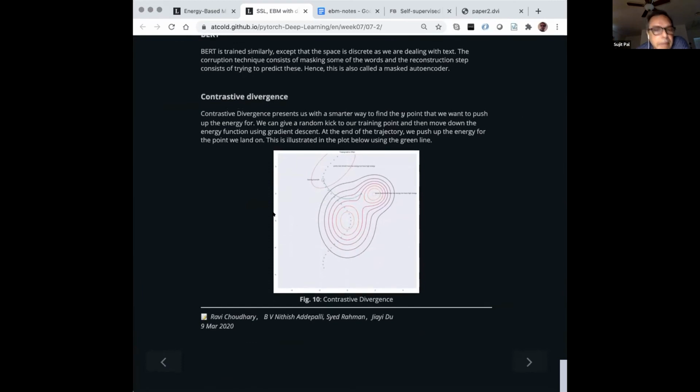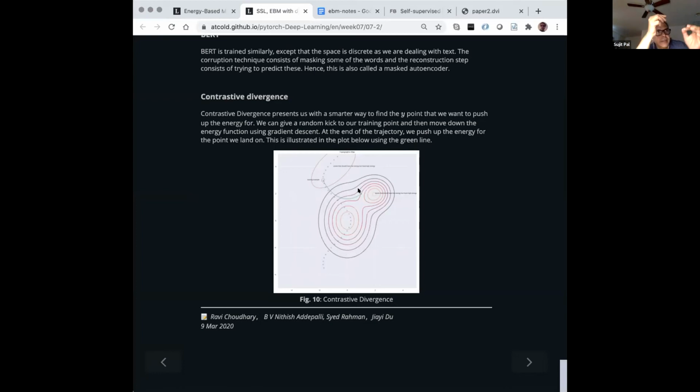In the case of contrastive divergence, it's again the same kind of manifold with the contour at some point in time, the contour map of the gradient. And what he does here is like rolling a ball from each of these points, right? You start a ball off and maybe it rolls here. Wherever it rolls, you raise the energy of that, right?